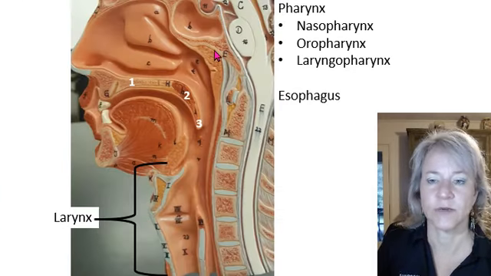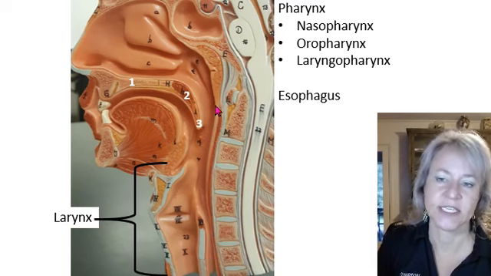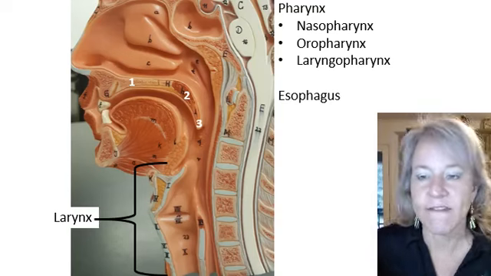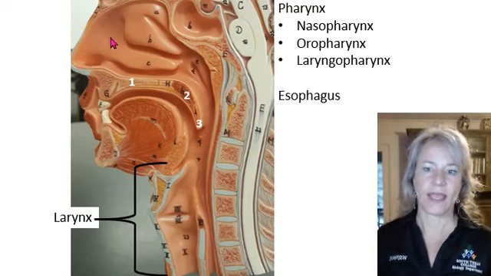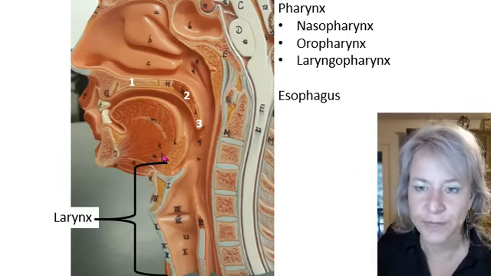Okay, next we have this passageway. This entire passageway is the pharynx, commonly referred to as the throat. It is a 5-inch passageway that carries air and food and water, but it's divided into 3 parts.